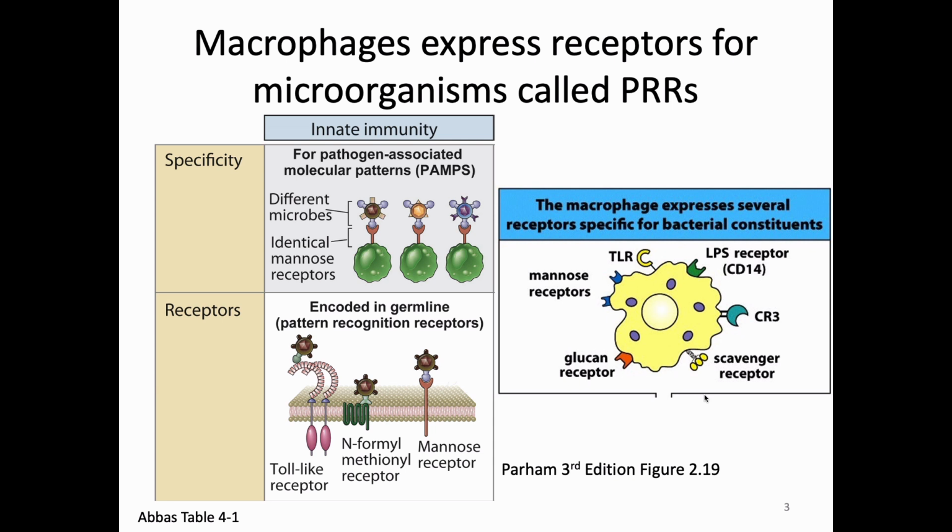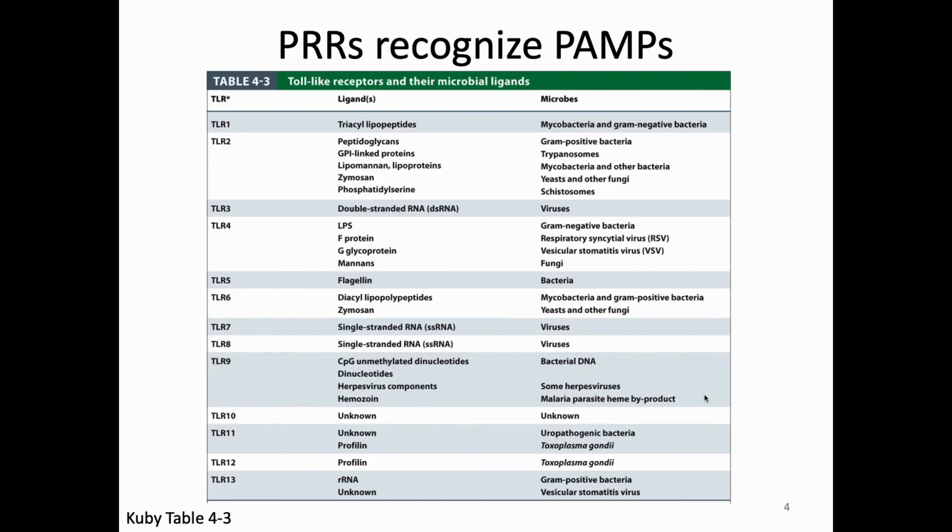So we're looking at very conserved structures. We can see responses to broad classes of microbes. We don't really have to worry about microbes evolving away. Those are some of the reasons why this is so important for defense. The parts of the microbe that can be recognized also have a name.